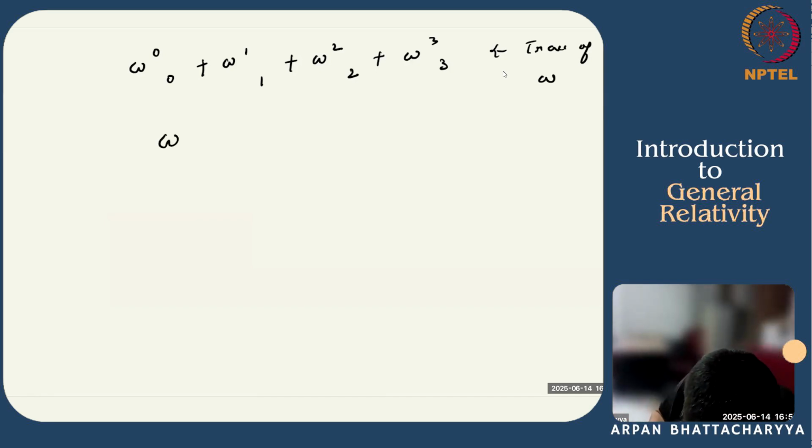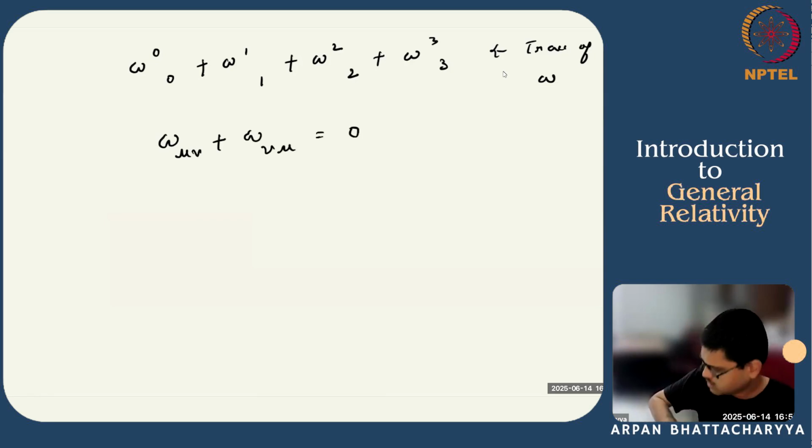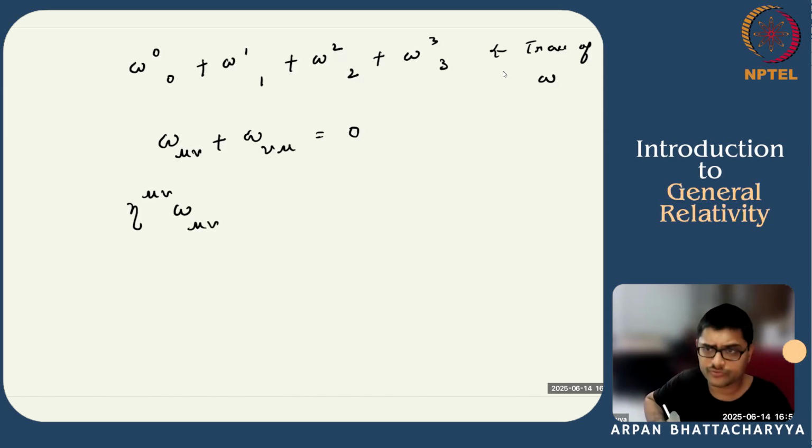Now we have omega mu nu plus omega nu mu equal to 0. And let's contract this equation with eta. Suppose, so what that will give, if we contract eta mu nu, it will give eta mu nu omega mu nu. Now we discussed that we can use the inverse matrix to raise the index, and this is the component of the inverse Minkowski matrix.